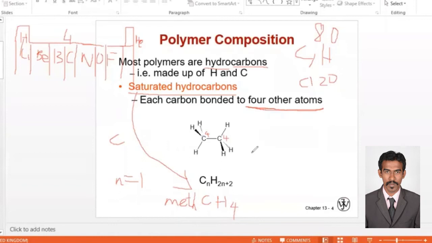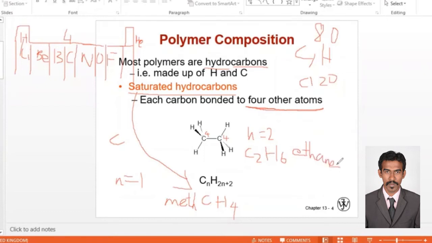Now put n equal to 2. That gives C2, and H is 2 into 2, 4, plus 2, 6. So C2H6, which is known as ethane.